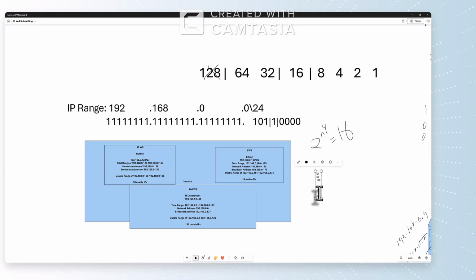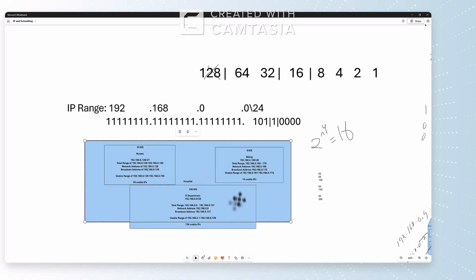And 192 plus 64 is going to equal 256, which is the end of the IP. So if we wanted to use the 64 at some point, it would have to start at 192 because we already passed the 128, and 256 would be too high. That's the end of the network space.